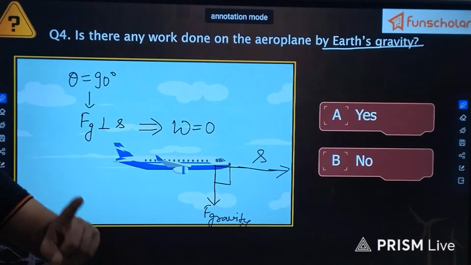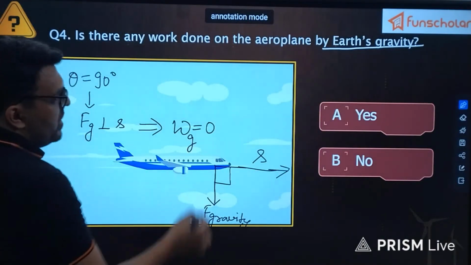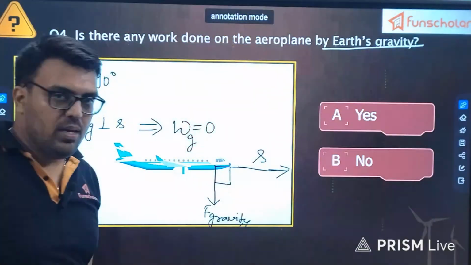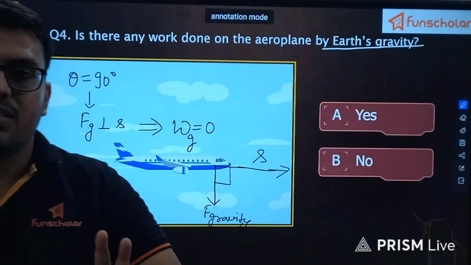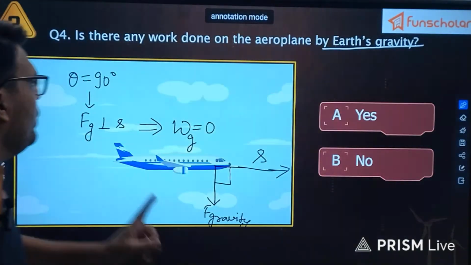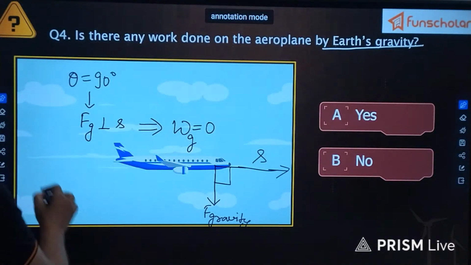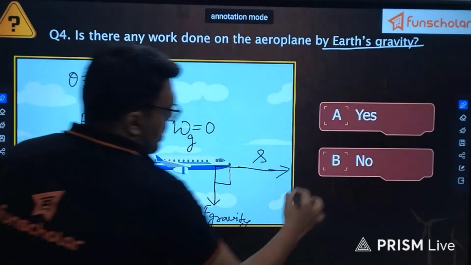So we'll say work done is zero, but by whom? Work done by gravity, and that was the question. So here the work done is going to be zero or no work is going to be done. So what will be the answer? Yes or no? Is there any work done on the aeroplane by Earth's gravity? The answer is going to be no.